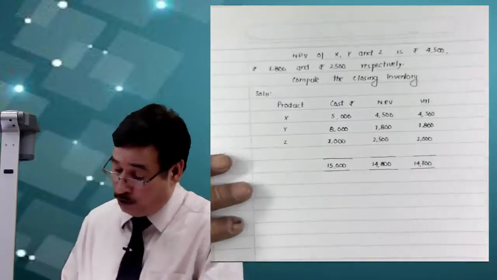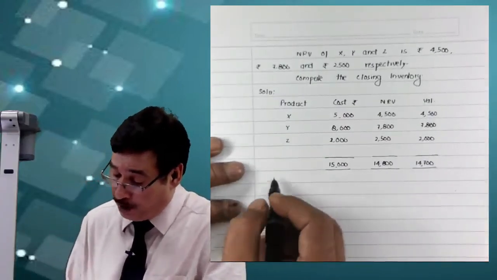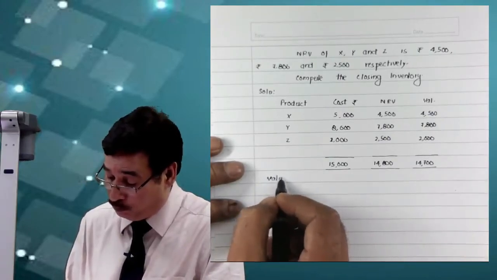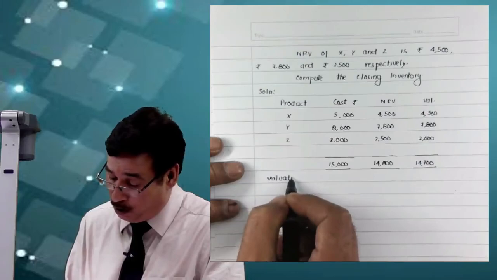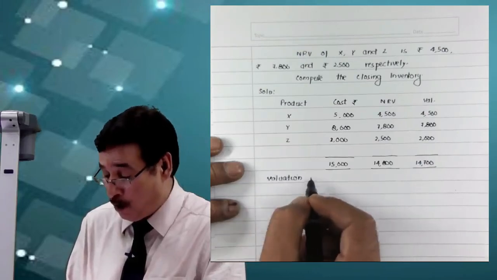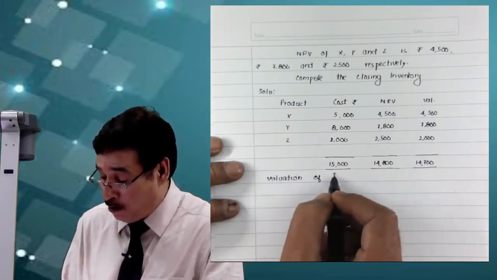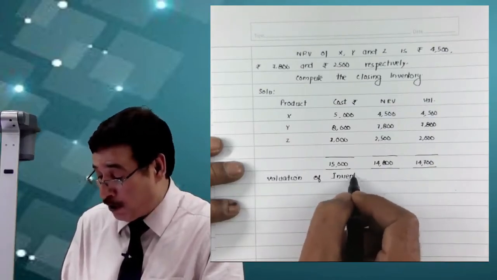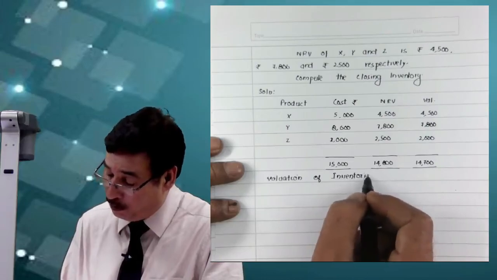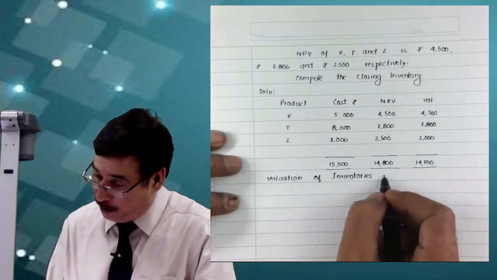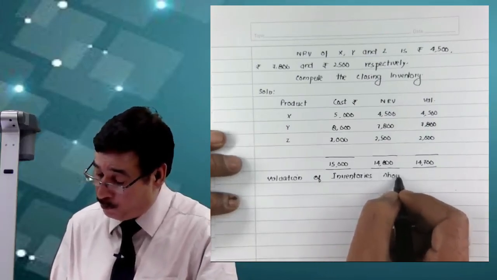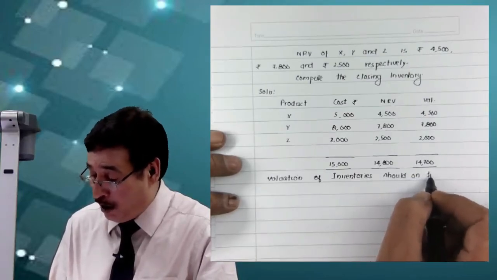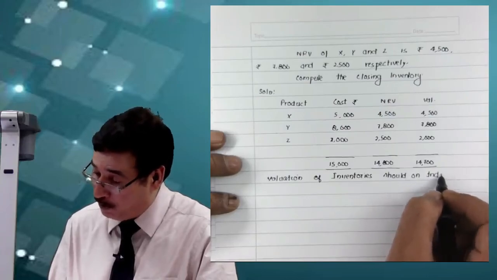Let me write also, which I just told a moment ago. Valuation of inventories should be on individual basis.